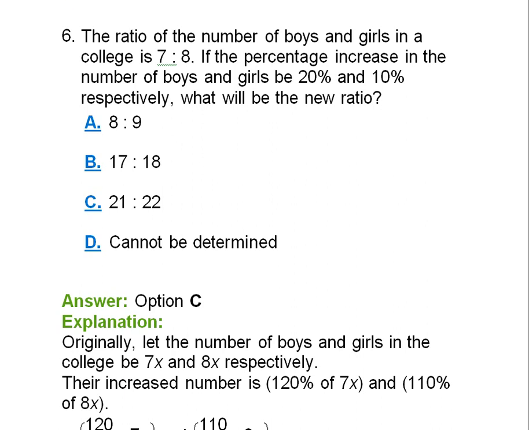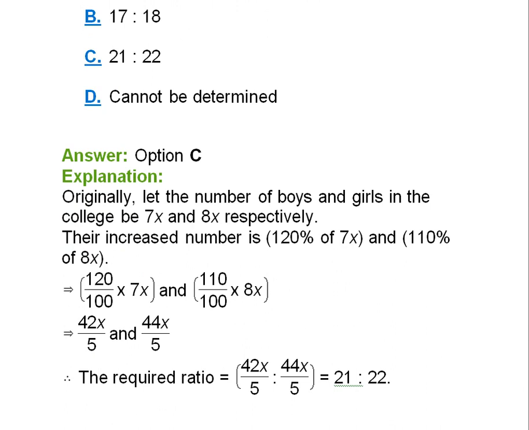Now let's see how. So we'll consider that originally the number of boys and girls were 7x and 8x, and their increased number would be 120% of 7x and 110% of 8x. If you are confused with this 120% and 110%, then you can watch part 1 of ratio and proportion and part 2.